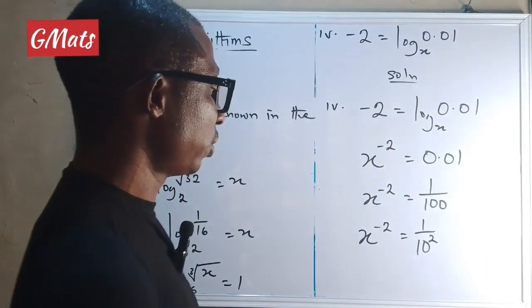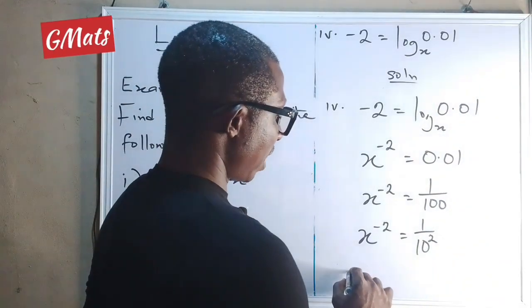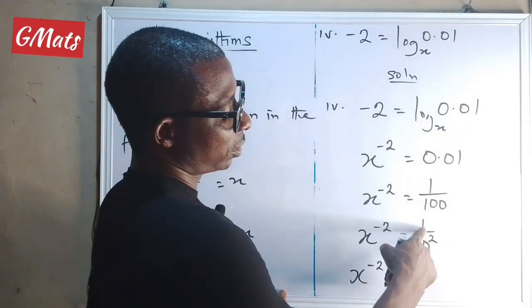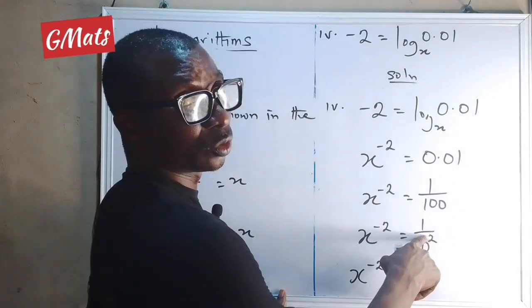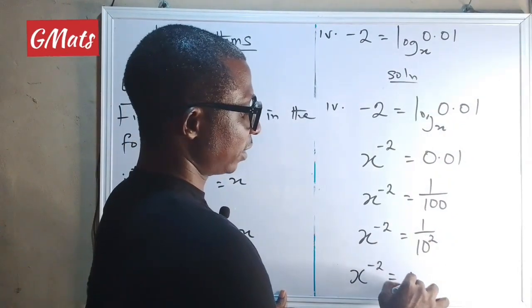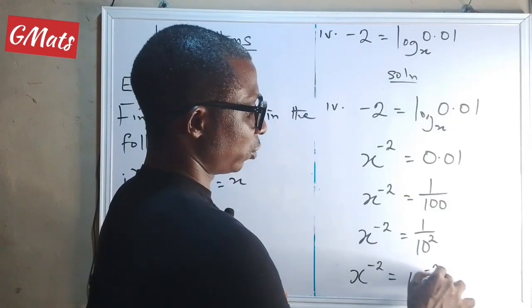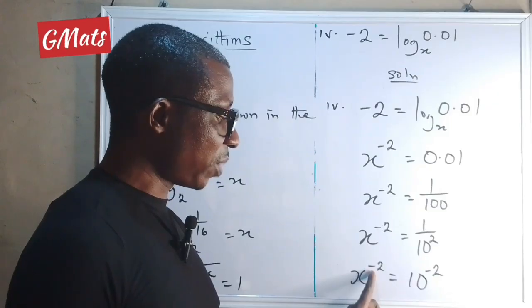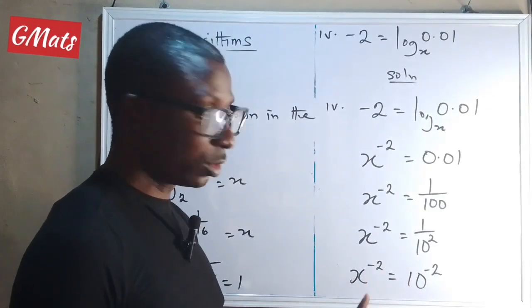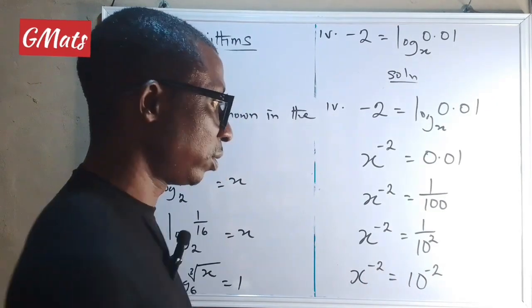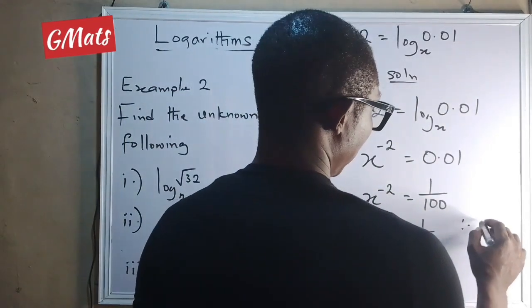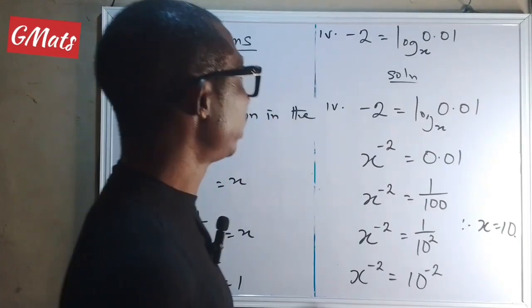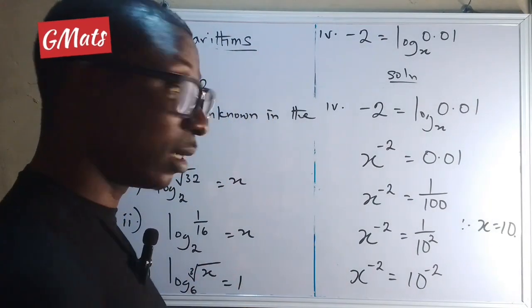Now this reciprocal gives this a negative, so we now have 10 raised to the power of minus 2. When you look at this equation, you see that the powers are equal, so you can equate the base. We now say therefore x equals 10. So that is going to be the answer to the last question.